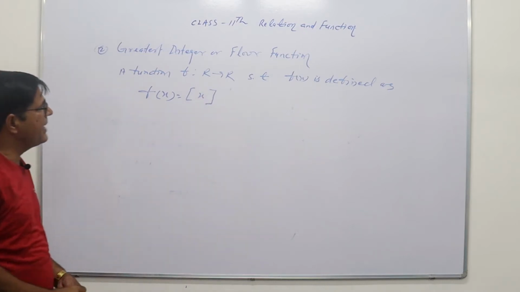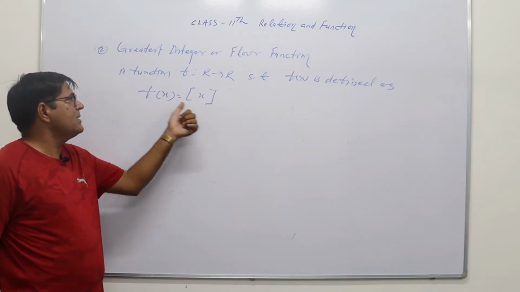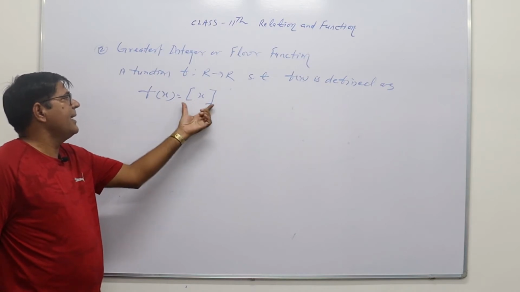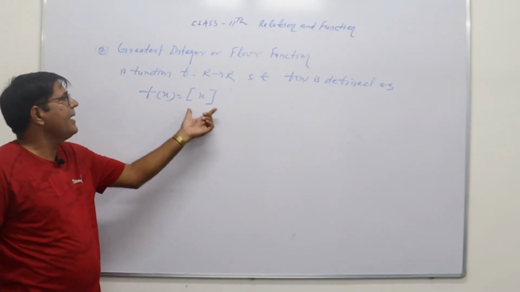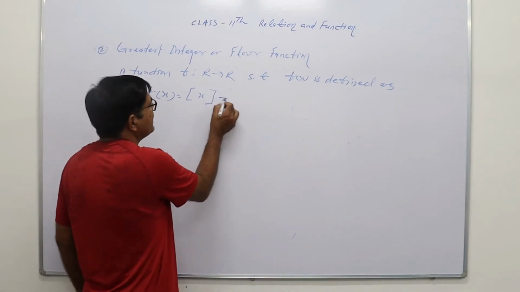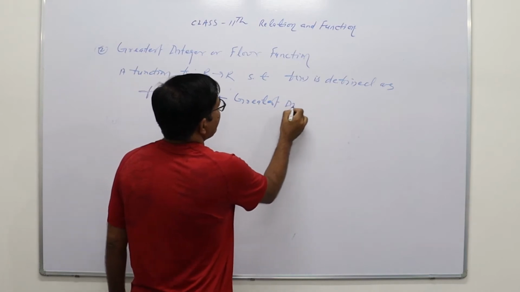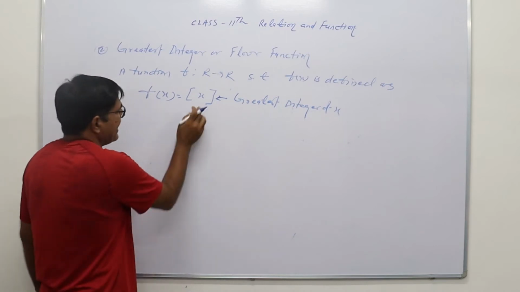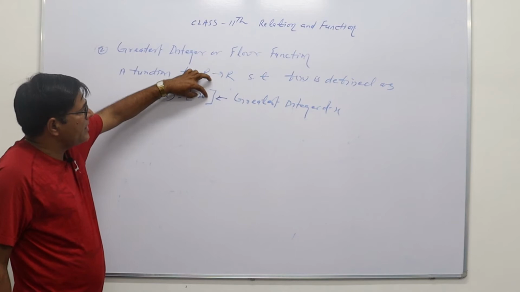This is read out as greatest integer of x; that is, for the domain element x it is written in square brackets, but we will not read it out as square bracket. It is read out as greatest integer of x.